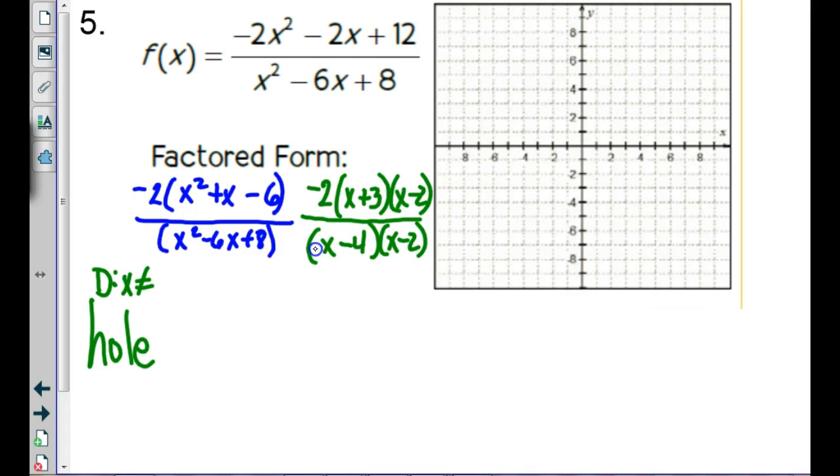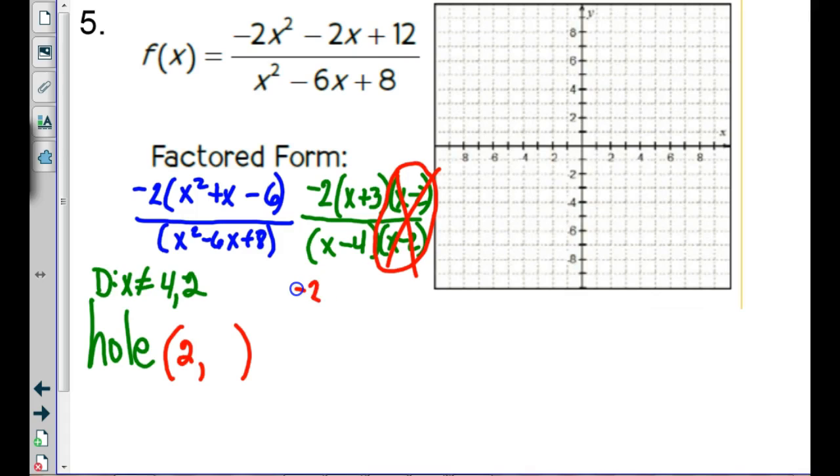x cannot equal 4 and 2. But both of those are not vertical asymptotes because one is a hole. So once we've written down the domain, we say the hole occurs when x is 2, and then to find the rest, we cancel this guy, and we plug the 2 back in.